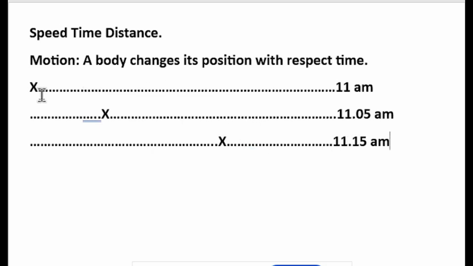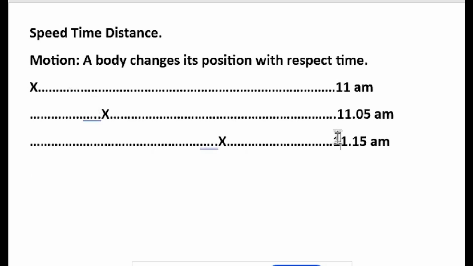And if it is at rest, the body will be in the same position. 11 a.m. same position, 11:05 same position, 11:15 same position, 12 o'clock same position. Then the body is at rest. The body is not moving. If the body changes the position, then the body is in motion.